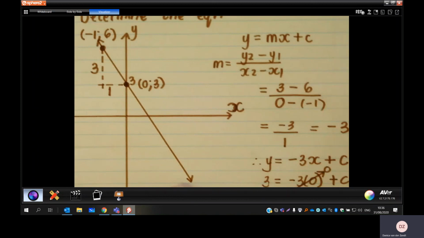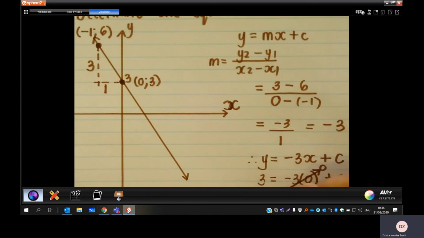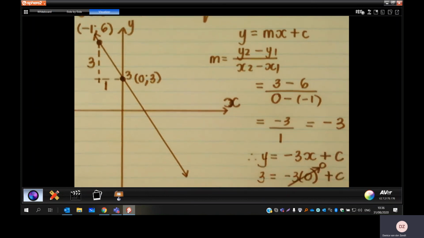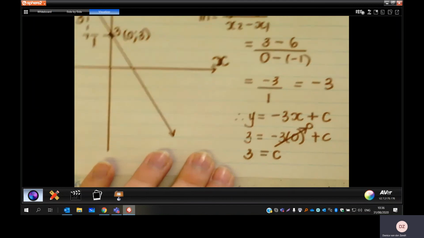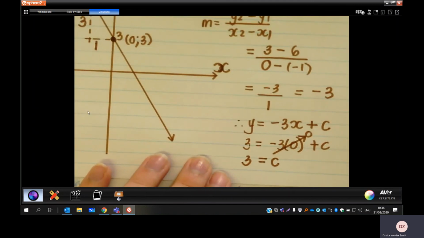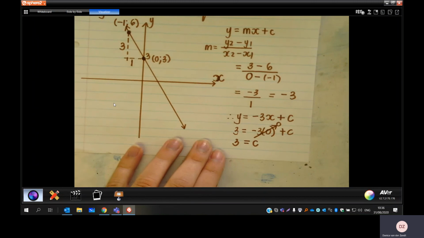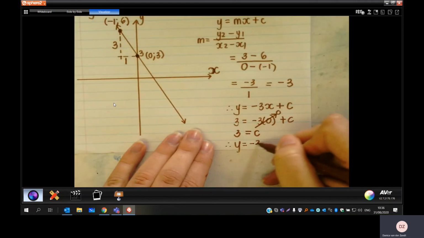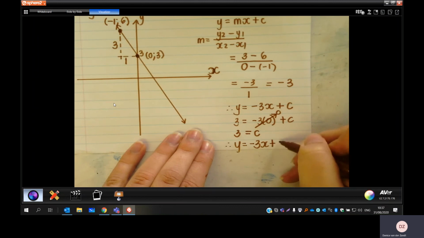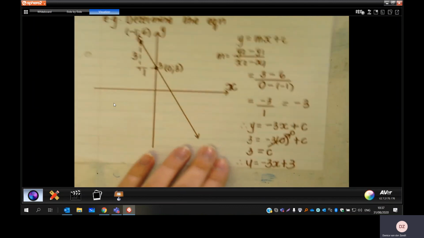So c is equal to 3, and therefore my final updated equation: y equals -3x plus 3, where -3 is my gradient and +3 is my intercept.